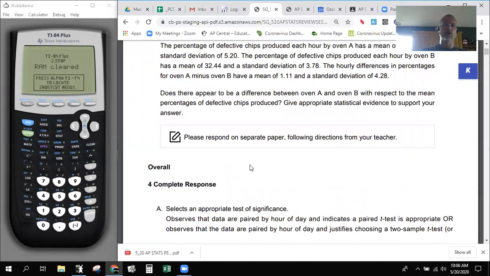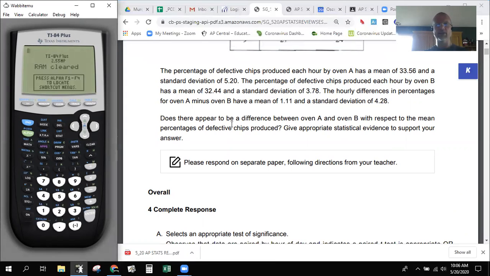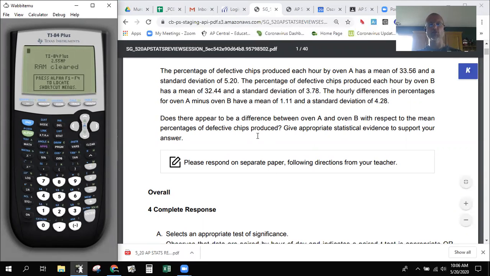All right, so now they tell us the percentage of defective chips produced each hour in oven A has a mean. They give us the individual mean for each oven, and then they give us the difference. When they ask, does there appear to be a difference between oven A and oven B with respect to the mean percentages of defective chips?